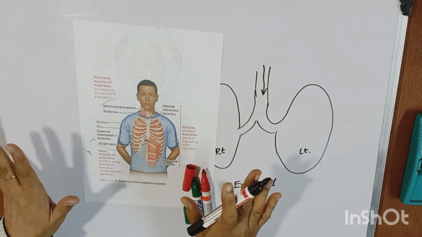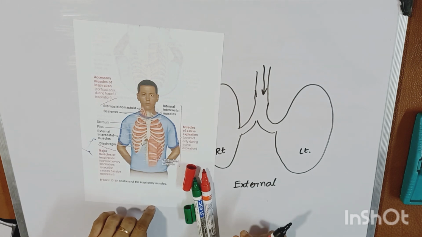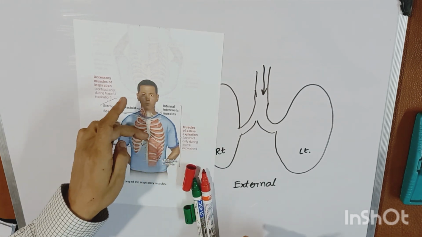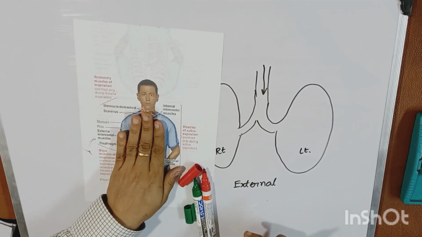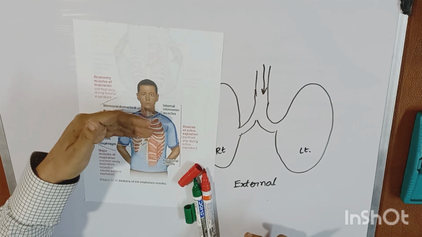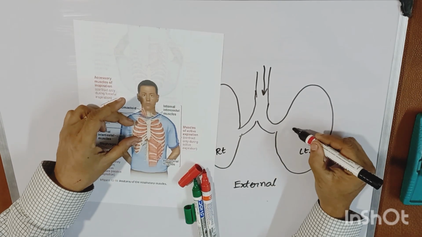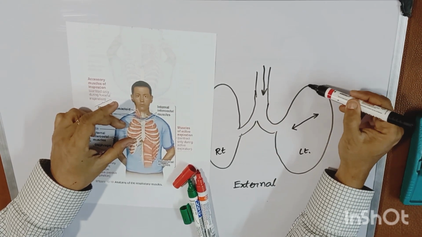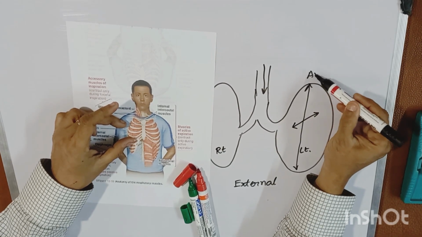Now, if we observe this human body, it has different axes. So this is the anterior, the head, here is the leg, so this is the posterior portion. These are the lateral sides, and this is the ventral side of the body, and the back is the dorsal side of the body. So there is a dorsoventral axis, and an anteroposterior axis. This is the anterior part of the lung.